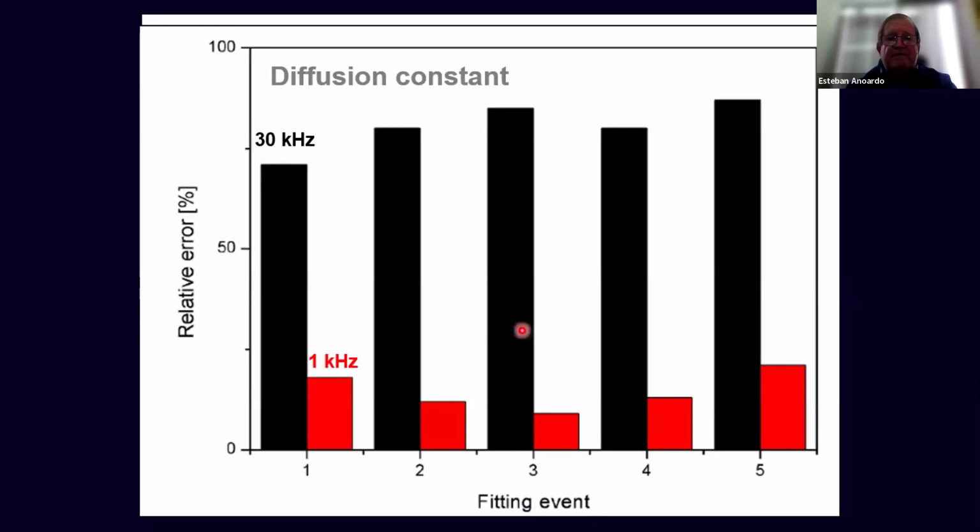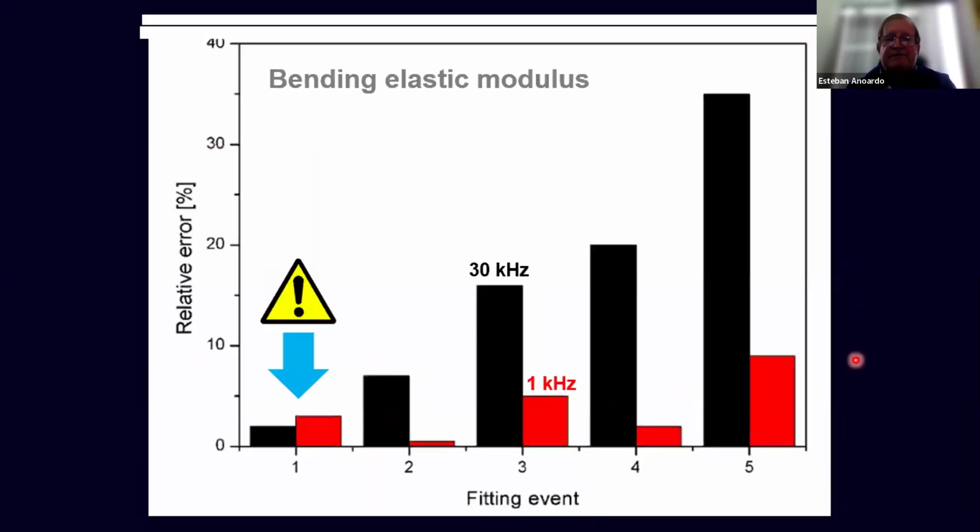So you see that the relative error of the diffusion is decreasing in a noticeable way, okay? And also, you can see that the bending elastic modulus has, in principle, an advantage. You get a better result extending the frequency range.